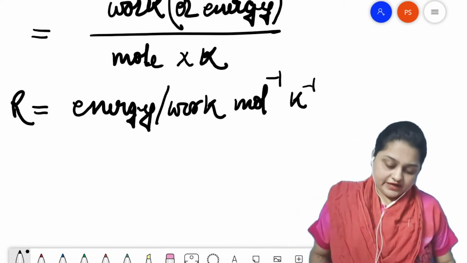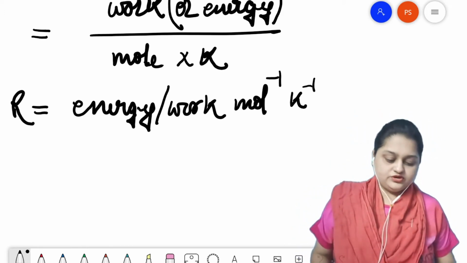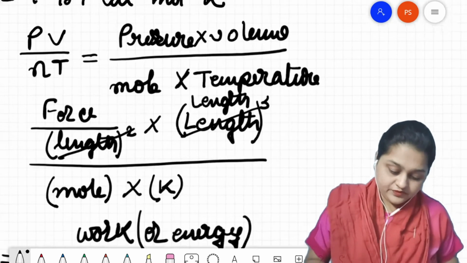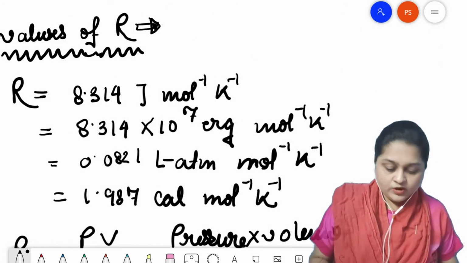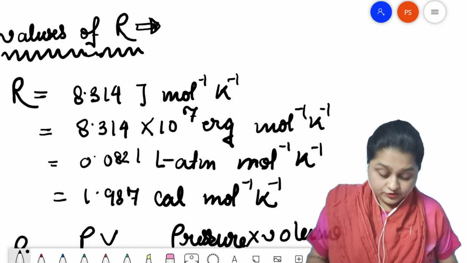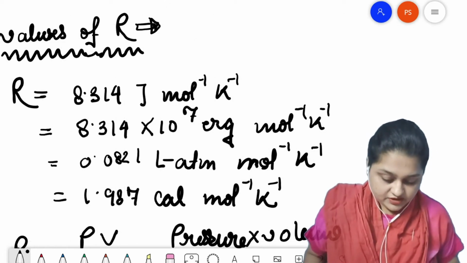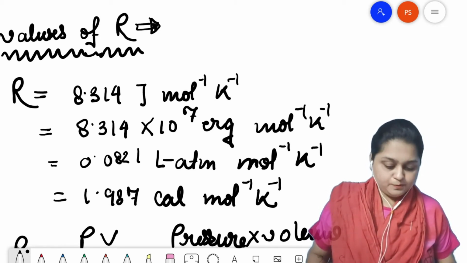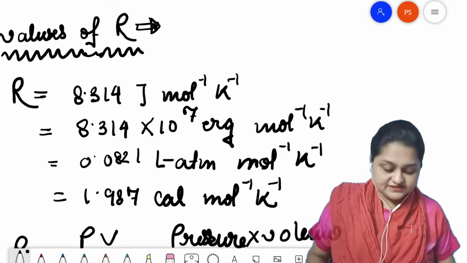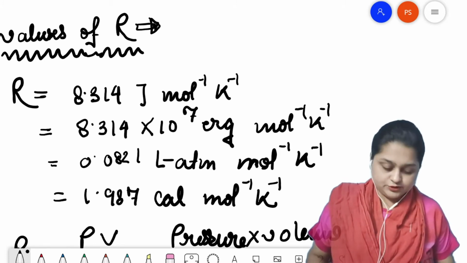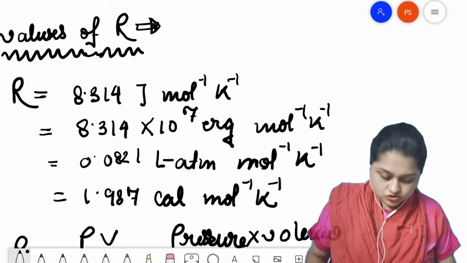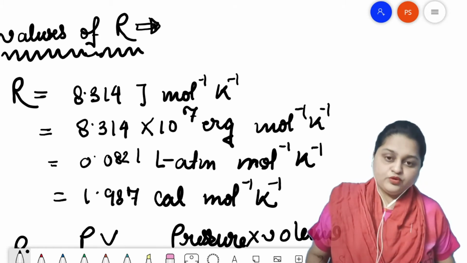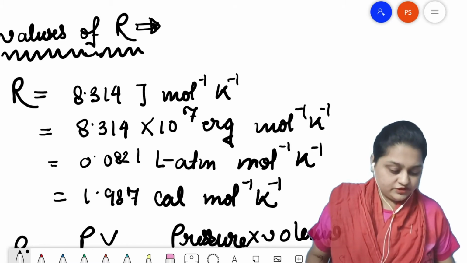Now, for different units of energy and work, different values of R can be found. And these are some of the most important values of R: 8.314 joule mole inverse Kelvin inverse, 8.314 into 10 to the power 7 erg mole inverse Kelvin inverse, 0.0821 liter atm mole inverse Kelvin inverse, and finally 1.987 calorie mole inverse Kelvin inverse.